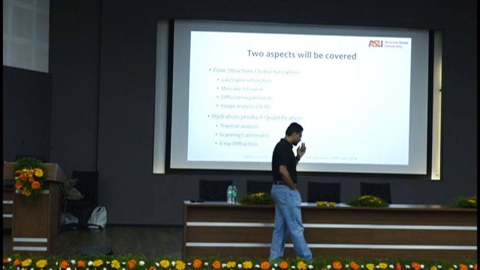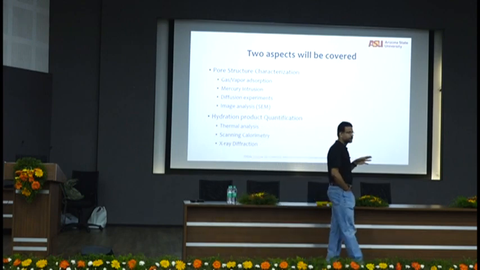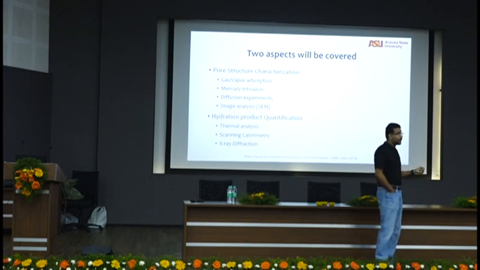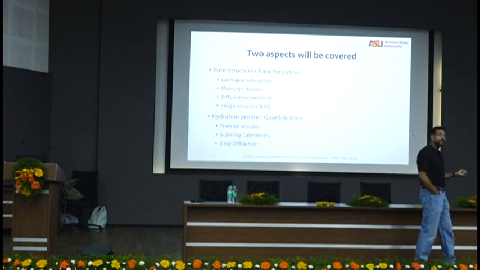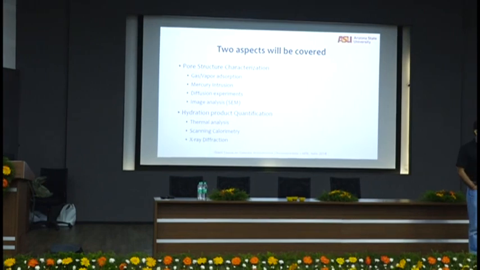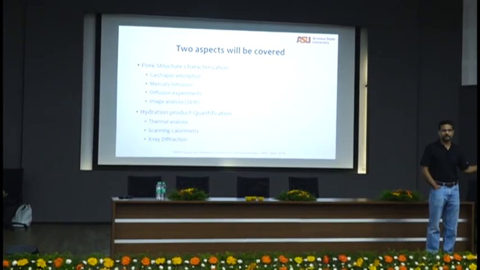You have to quantify the hydration products because the filling of the space is what gives you all the properties. So you want to quantify hydration products. But you want to quantify the pore space also because pore structure is what causes all the problems.